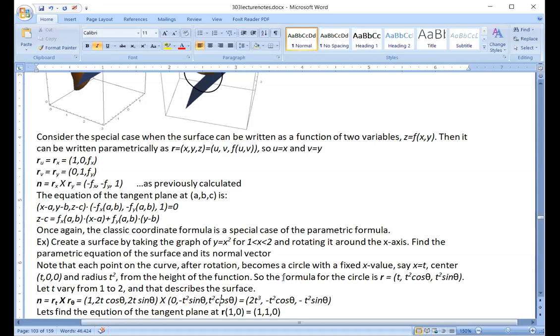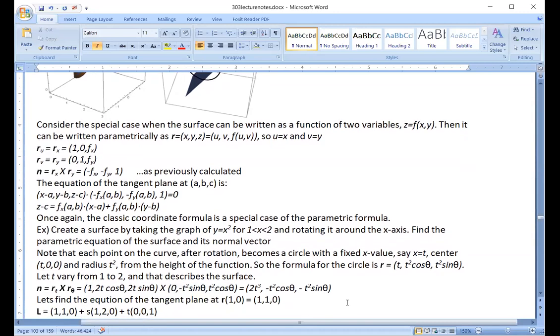So we need to find our two tangent vectors at that specific point, plugging (1, 1, 0) into dr/dt and also into dr/dθ. And we already have our fixed point, (1, 1, 0).